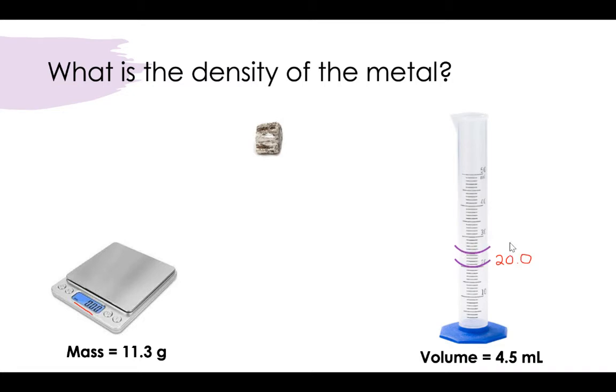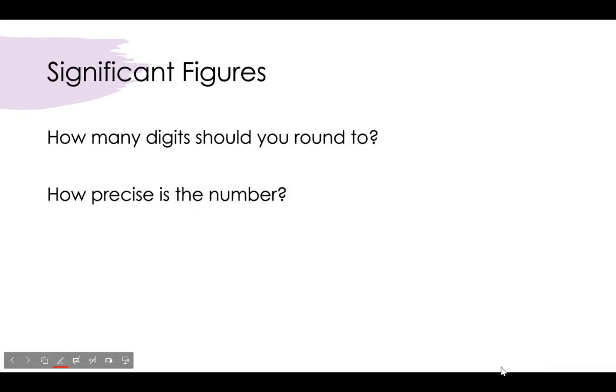So that's somewhere in between 24 and 25 milliliters. So I'm going to estimate that as 24.5 milliliters. So again, I have my uncertainty digit. So the graduated cylinder goes to the ones place. My measurement has to go to the tenths place. I need one additional digit. And then I find the difference. And so my volume is 4.5 milliliters.